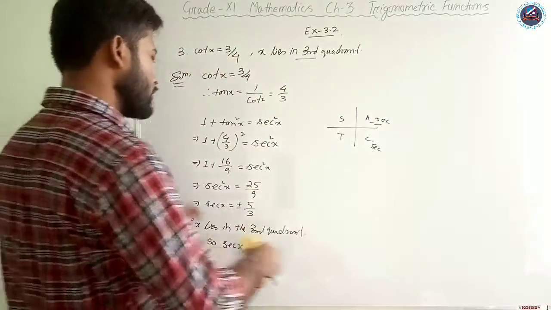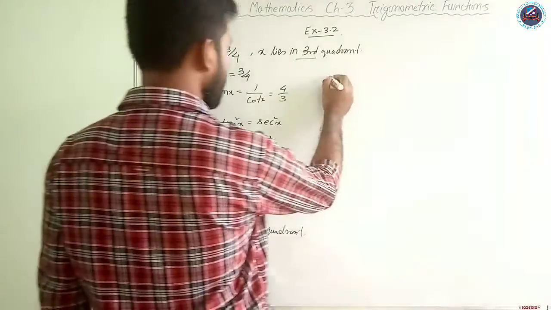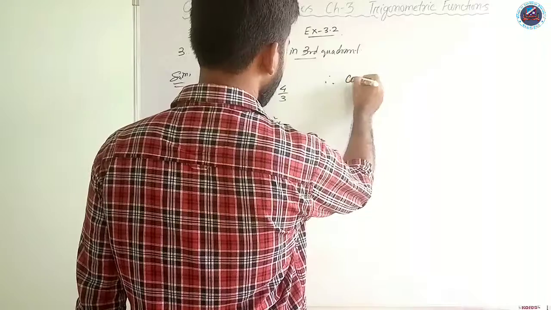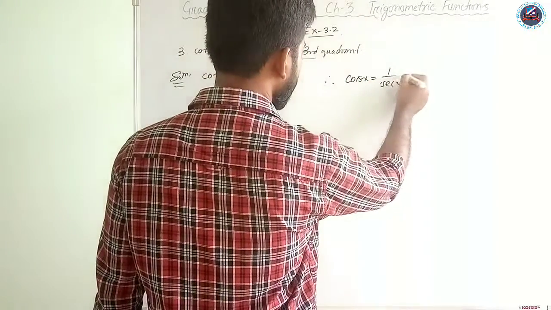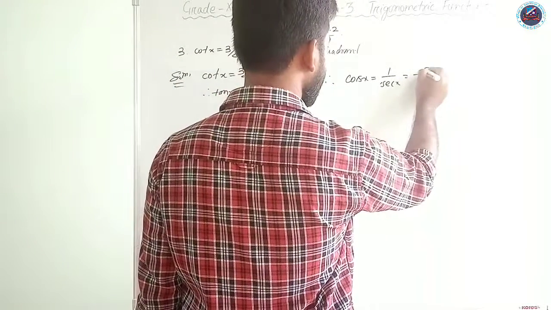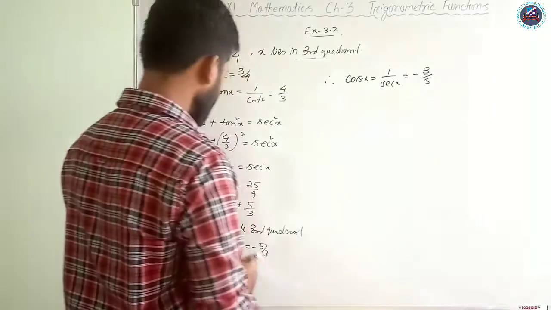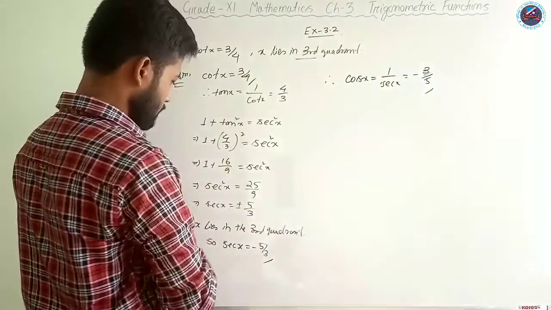So we have got the value of sec, and therefore what will be cos x? Cos x will be 1 by sec x, and that will be equal to the reciprocal of that. This will be minus 3/5. Okay, so we have got sec, cos, cot.